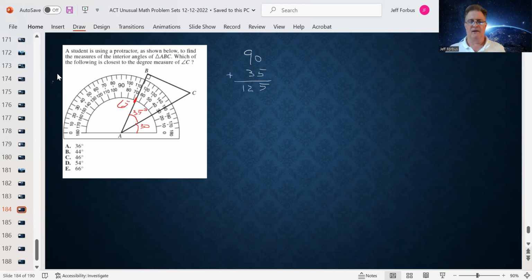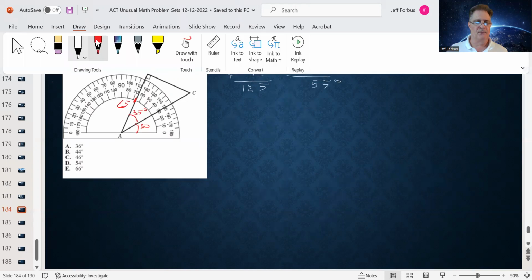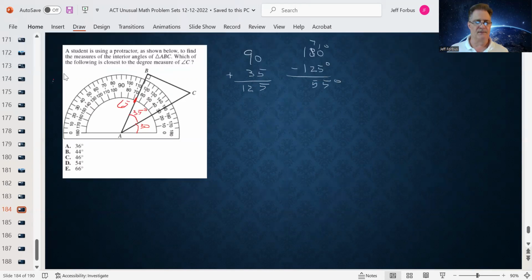Now take the 180 degrees that we have in a triangle and subtract the 125 degrees. And when we do that, we get a 55 degrees. Okay, now notice they use the word, let me underline this for you, closest, right here.